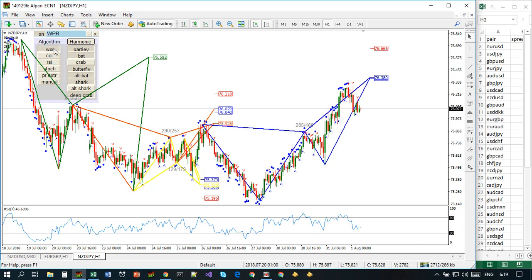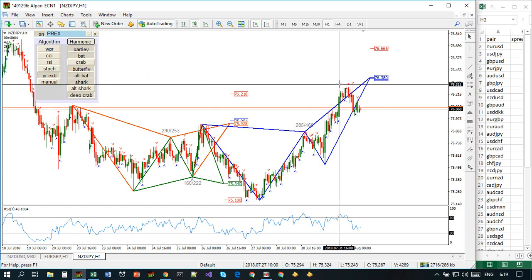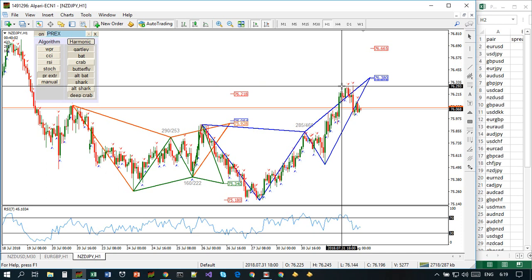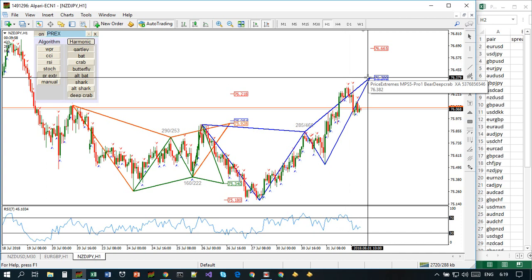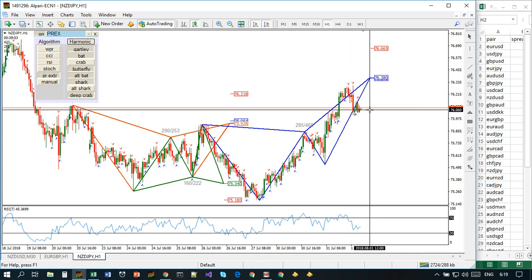It is a 3 or 5 pattern. It already started some kind of reaction a bit shy, a bit before the 161 extension. Wait for it to hit this. 30 more pips to hit that pattern.